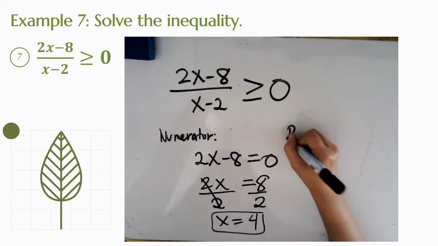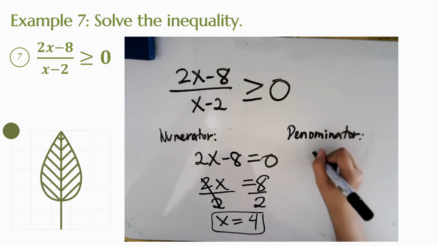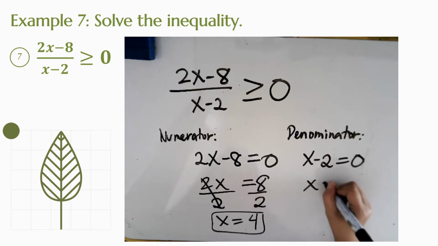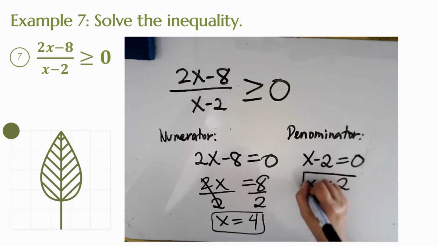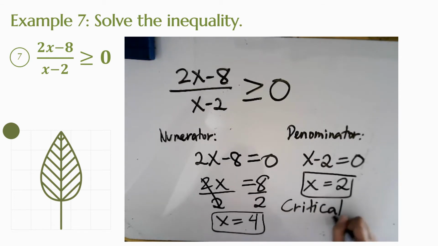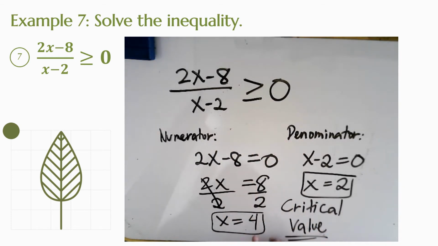Now for the denominator, which is x minus 2, equated to 0, the value of x will become positive 2. Now what are these? These numbers are what we call the critical values. So in this rational inequality, we have two critical values, positive 4 and positive 2.